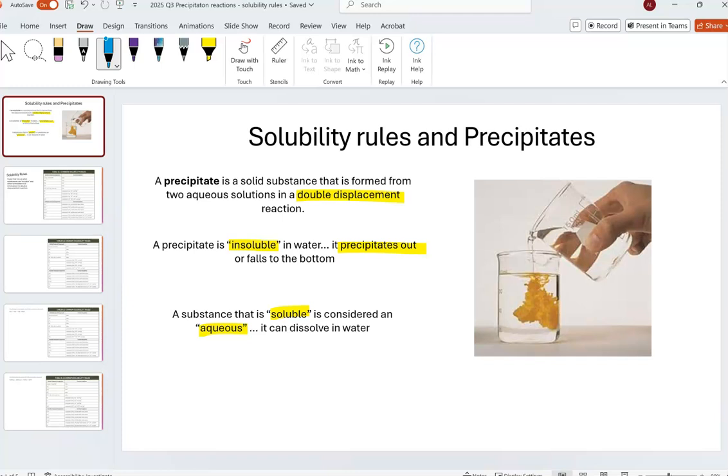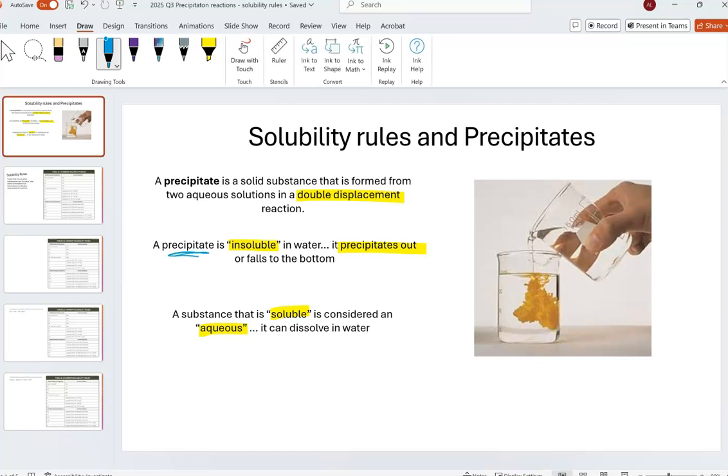Several of them precipitate into yellow, but a precipitate is a solid substance, or an insoluble substance, that is formed between two aqueous solutions in a double displacement reaction. Again, insoluble means it will not dissolve in water.